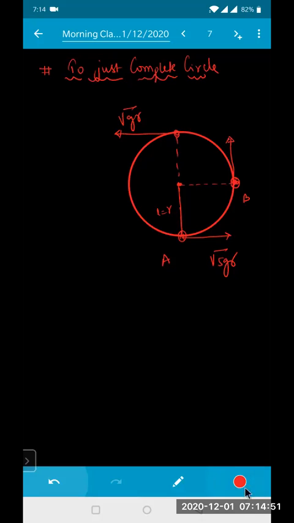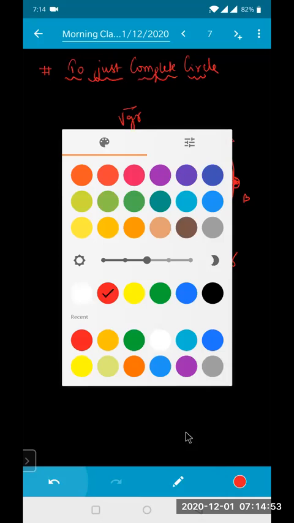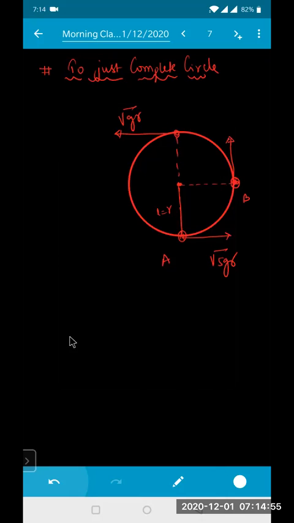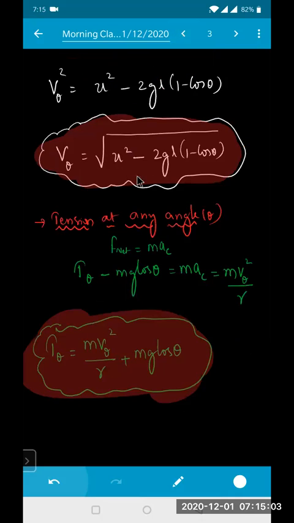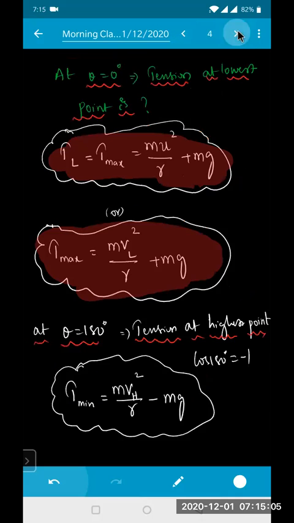But tell me, tension at A will be equal to how much? Tension at A, that means at the lowest position. See the formula, tension at the lowest position: M into V L square divided by R plus mg.